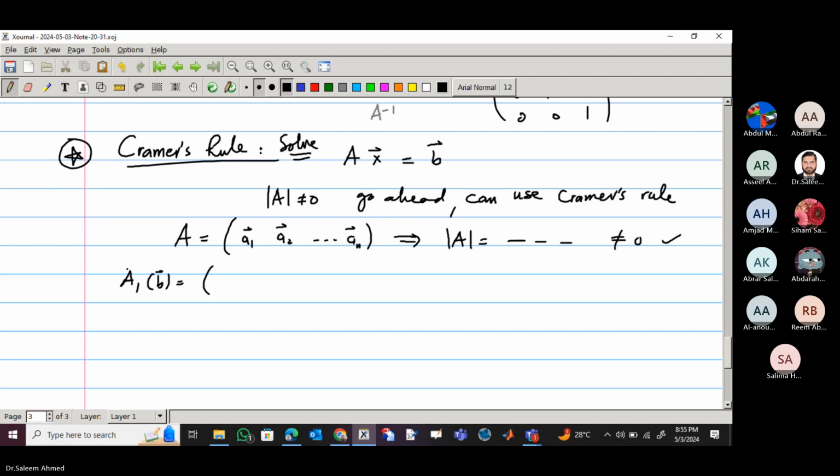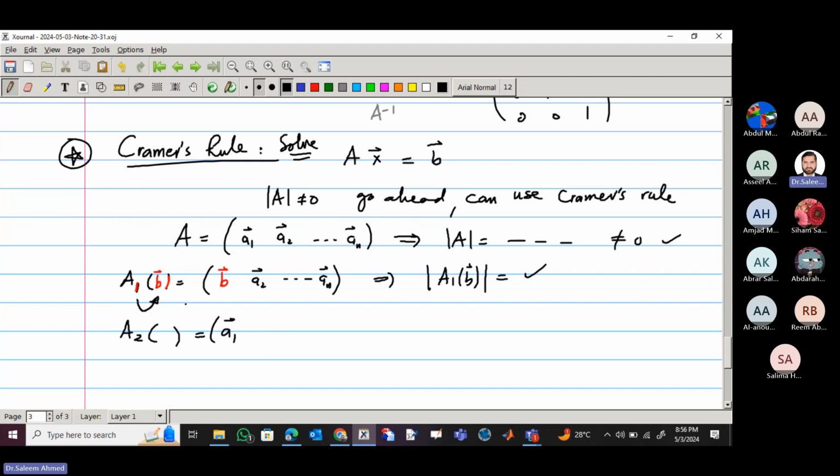A1B means in the first column, replace the first column by B. What you should do, replace the first column by B and write all other columns as they are, A2, A3, An as they are. And find the determinant of this as well. Determinant of A1B. This can be 0, no problem. Any determinant, 0 or non-zero, no problem. Then go to A2B. In A2B, write the second column.